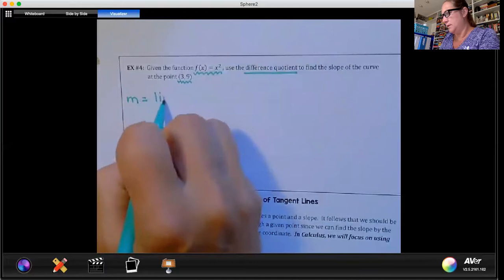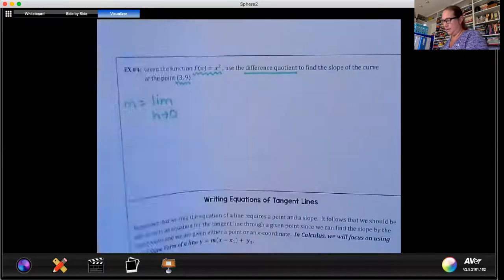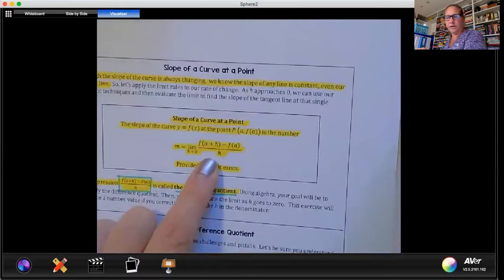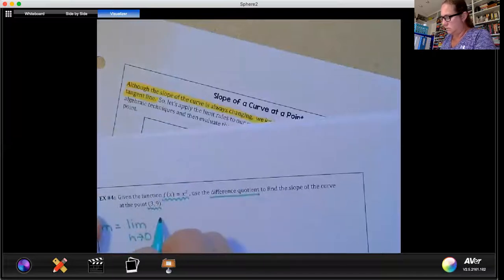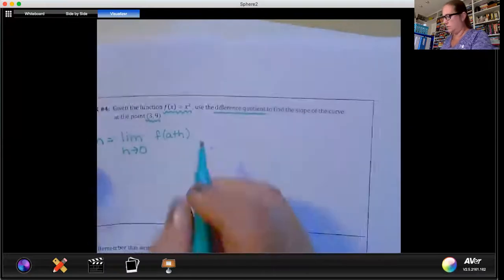Slope equals the limit as h approaches 0. And again, you're using your difference quotient here, f of a plus h minus f of a over h.